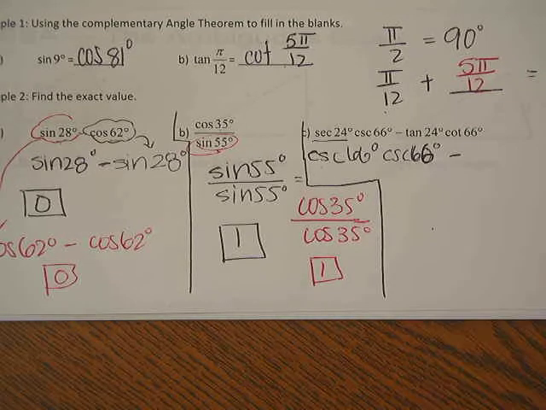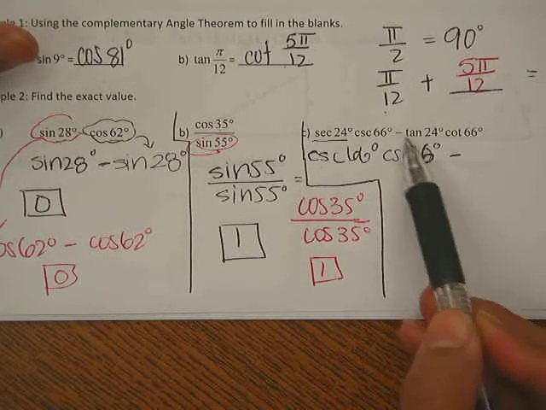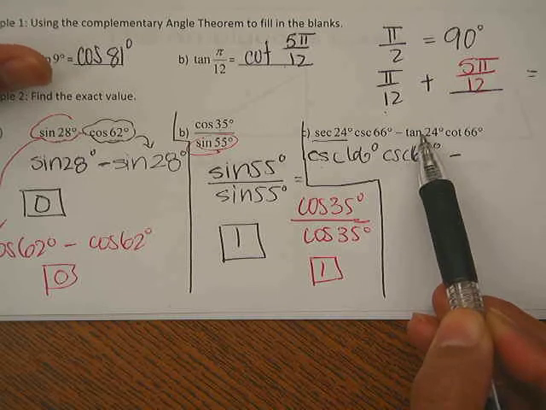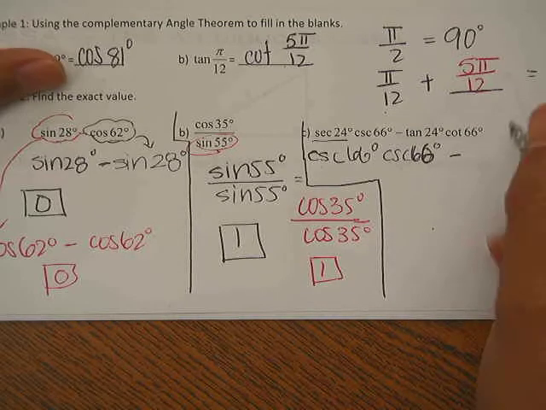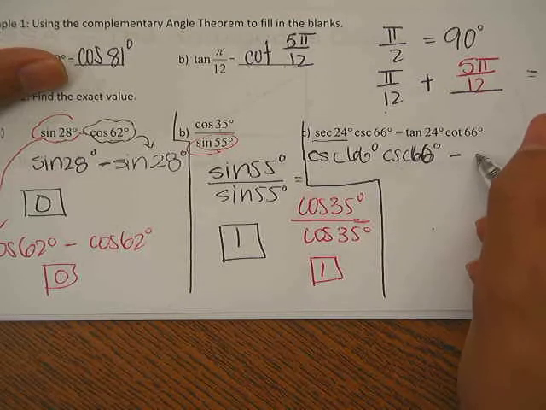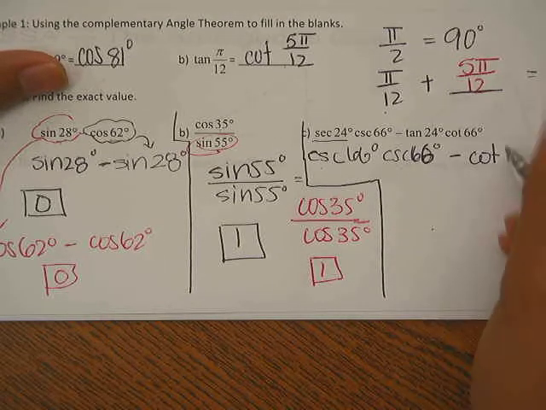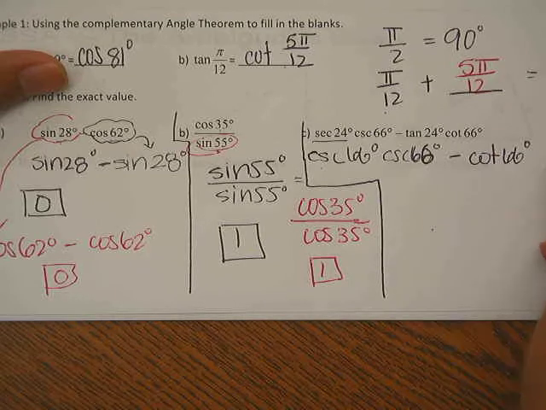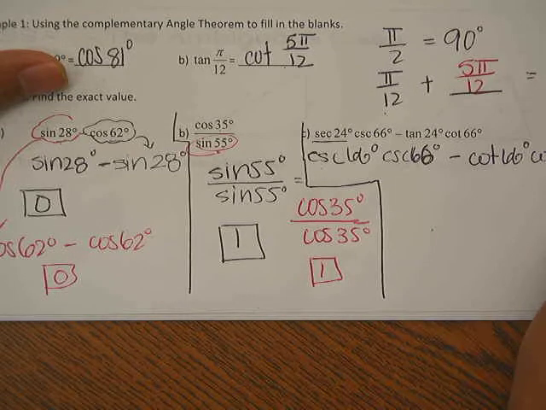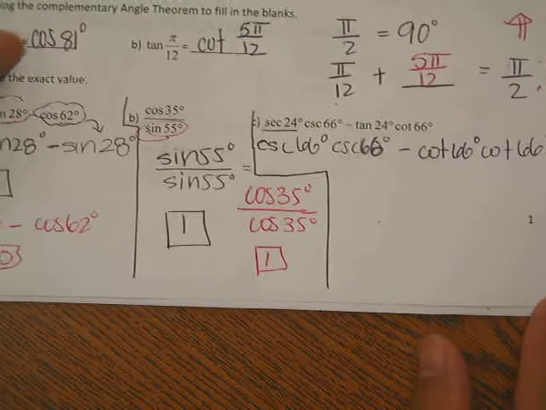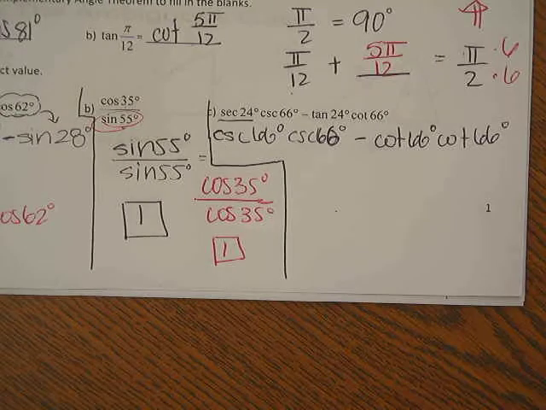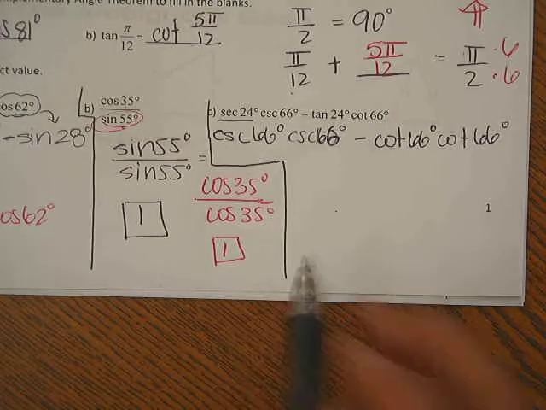Take away. I'm going to change tangent of 24 degrees to cotangent. So tangent of 24 is equivalent to cotangent of 90 subtract 24, which is 66, times, or bring down, cotangent of 66 degrees again. I'm now just going to multiply these.